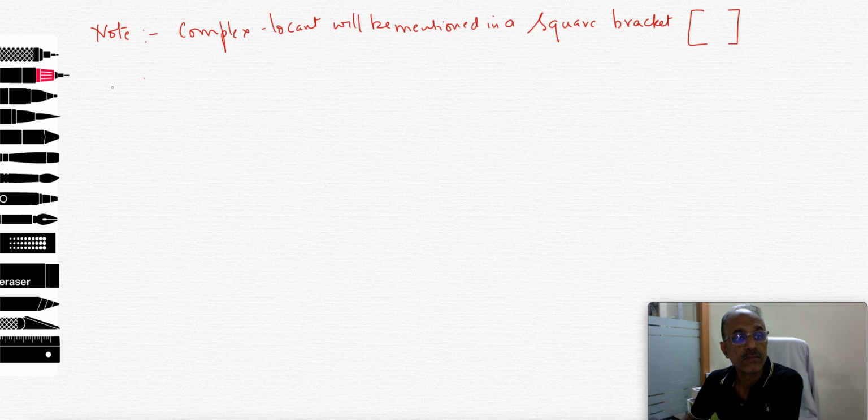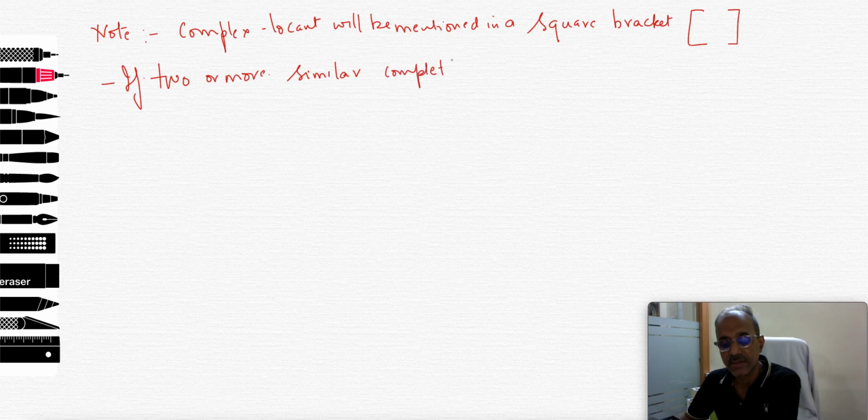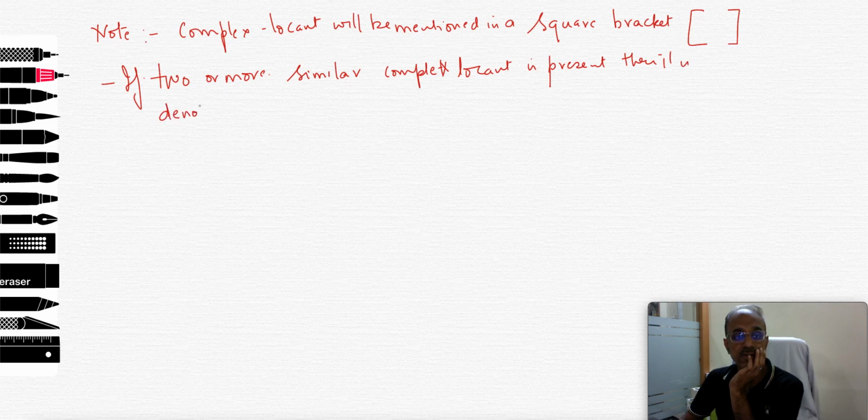Now, if two or more similar complex locants are present, then it is denoted by bis, tris, tetrakis.